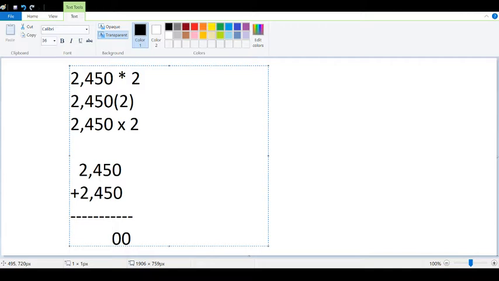We have to carry that 1 over to above the 4. So we'd have a 1 up here. Plus 1. 1 plus 4 is 5. Plus 4 is 9. So now we have 9. And then finally, 2 plus 2, which is 4, 4,900. So 2450 times 2 is 4,900, or 2450 plus 2450 is 4,900.